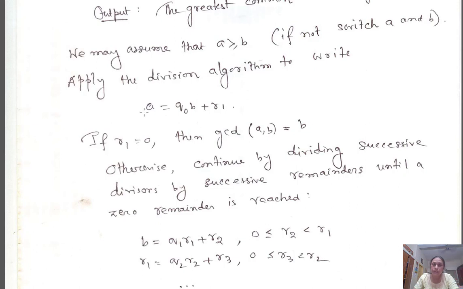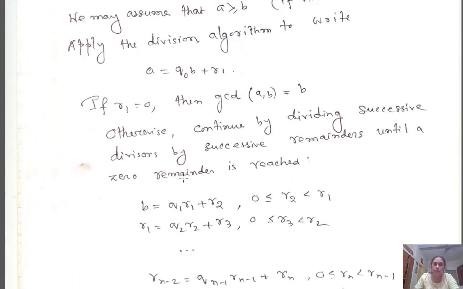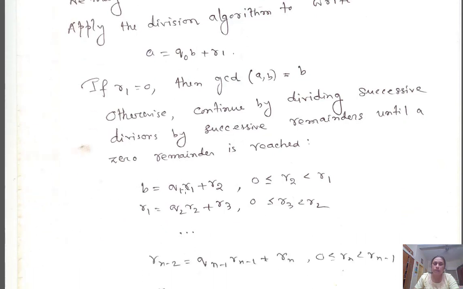So when I write A equals Q0 B plus R1 the first time, this R1 is greater than or equal to 0 and less than B. Similarly, in the next step, if R1 is not 0, then you divide B by R1, and the remainder lies in this range.